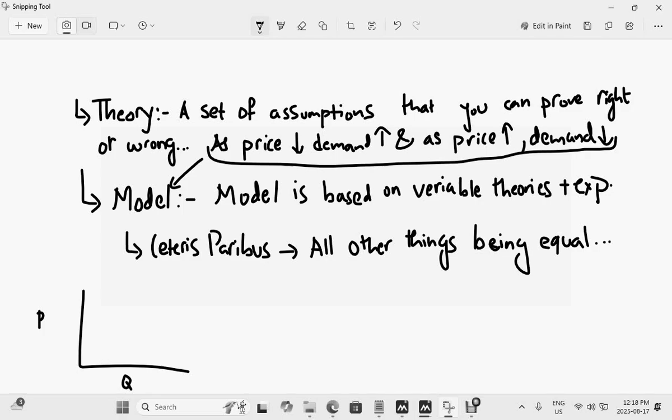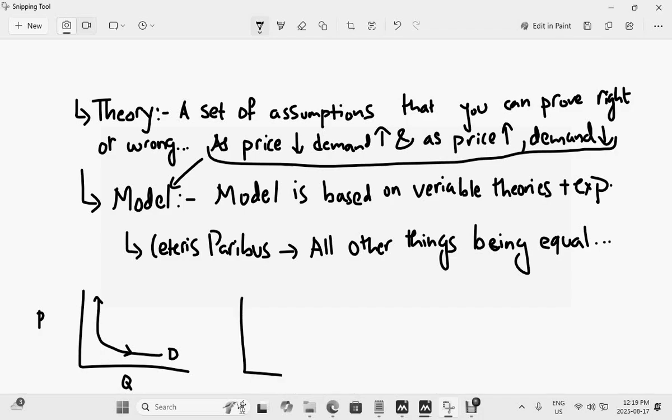You would check the impact of price on demand of a product. We know that as price goes down, the demand of that product goes up. This is your demand. And as price goes up, demand is reduced. That is the same curve going the other way.